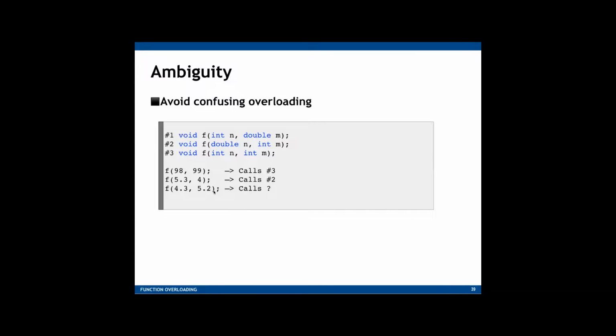Which function will the compiler execute for this function call? This function call passes two double type arguments, but as you can see here, there is no function f which receives two double type parameters. So what function will be executed by this function call? Think about this for about 10 seconds.